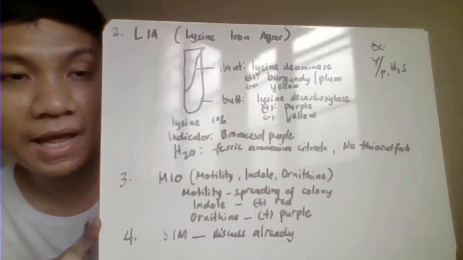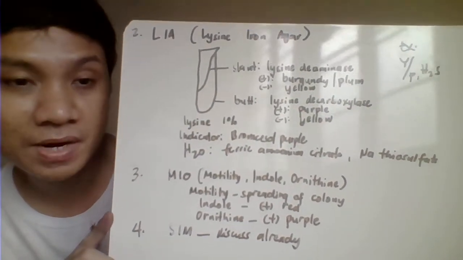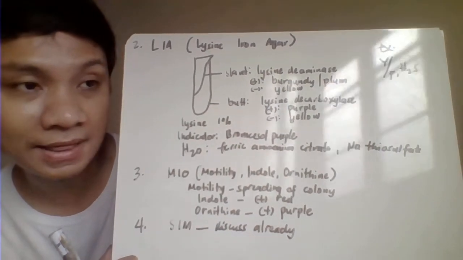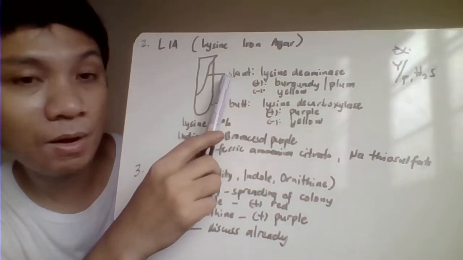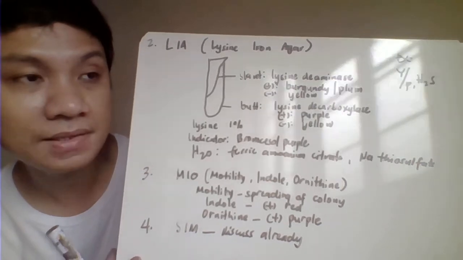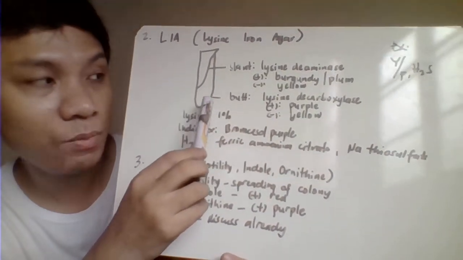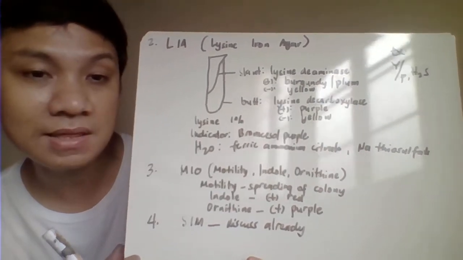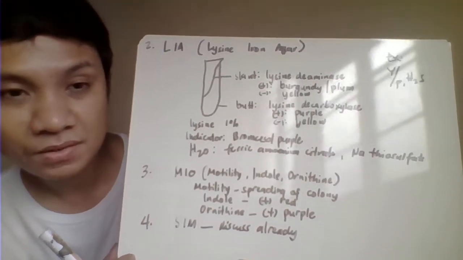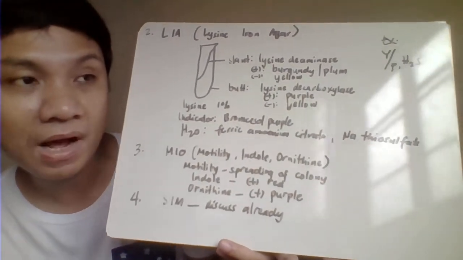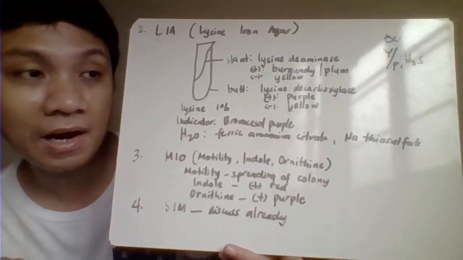Another test, we have the LIA or your lysine iron agar. So this is a culture medium which is also a special slant. The slant area would identify the enzyme lysine deaminase, and the butt area would identify the enzyme lysine decarboxylase. So it depends on the bacteria whether it can deaminate, remove the amino acid, or remove the carboxyl group.